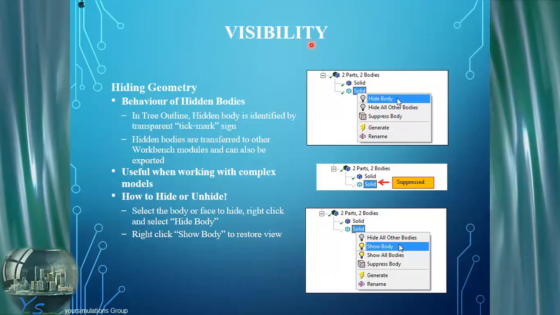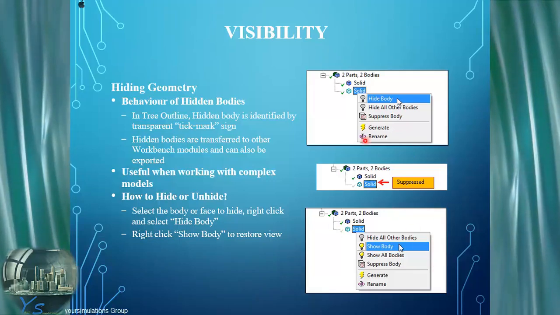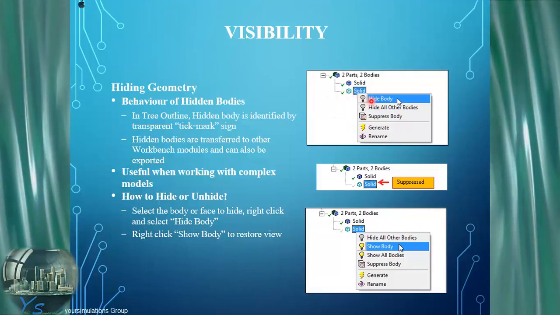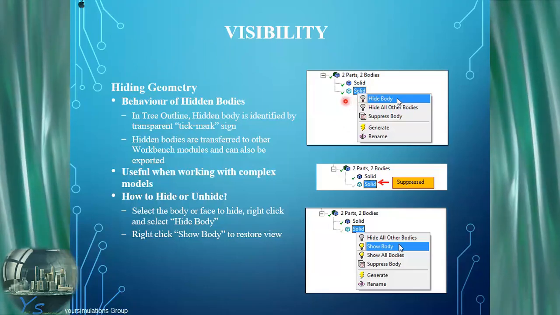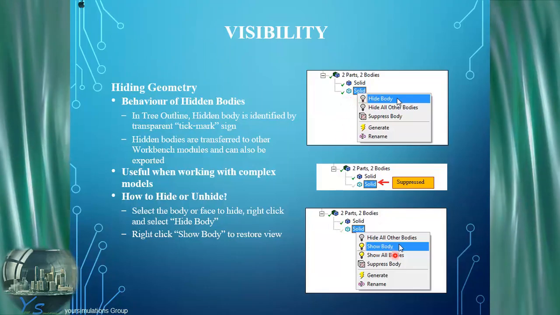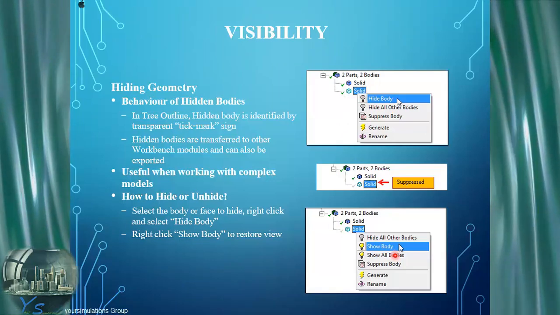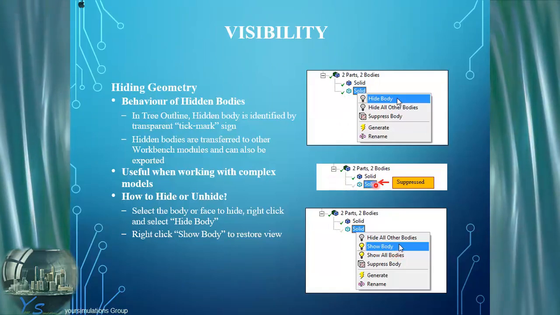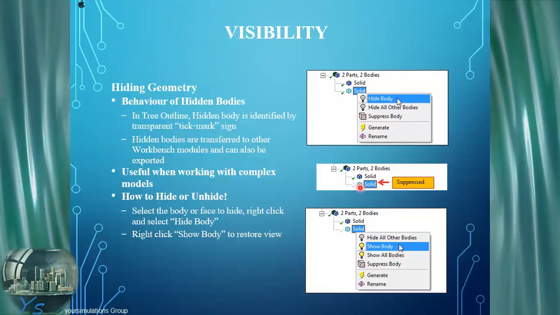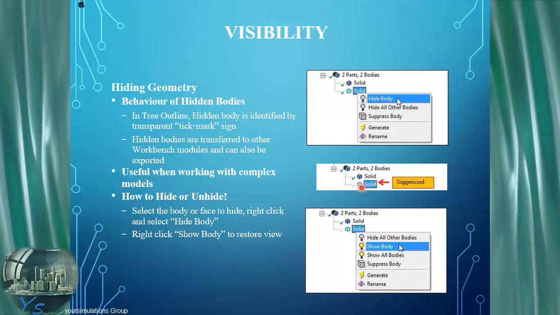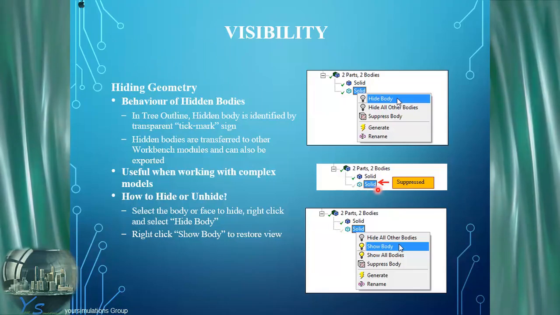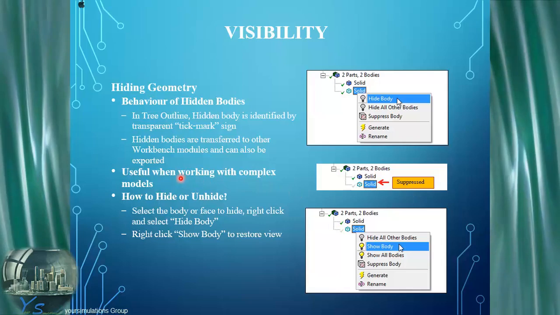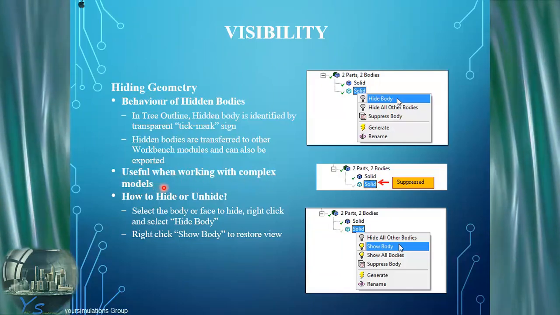So if we elect to hide, just like with suppression, we can right-click on a particular solid and choose Hide Body, and that will then change the green tick into this faded tick option. You'll know that it's hidden from the graphical interface, but it's still going to be used as far as the simulation.